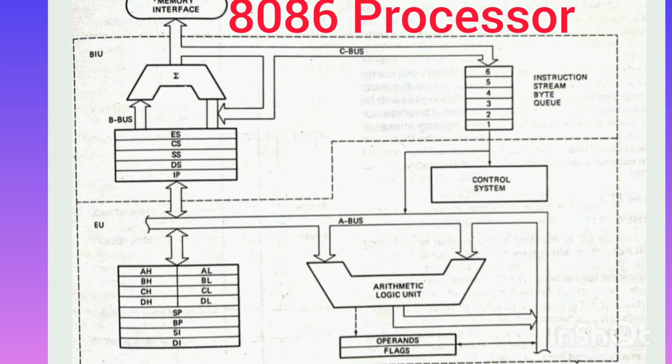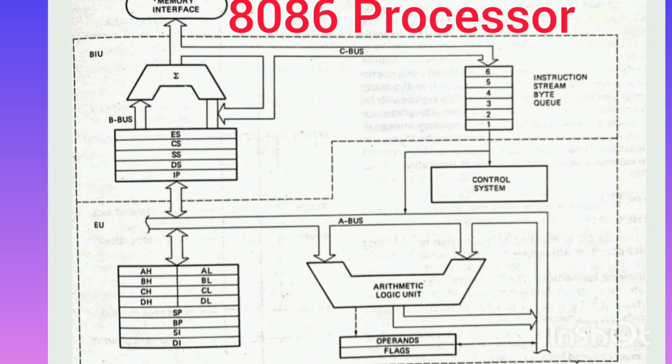The Intel 8088 processor has the same arithmetic logic unit, same registers, and same instruction set as the 8086 processor. The 8088 processor also has a 20-bit address bus, so the memory capacity is also 1 megabyte.